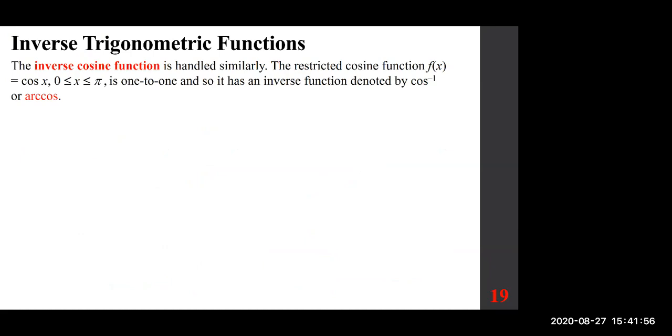Same thing works out with the cosine. Cosine is not a one-to-one function. We do the restriction. And if you recall, the graph goes something like this. Remember that? The way they restricted is from 0 to pi, again, to have a continuous function.